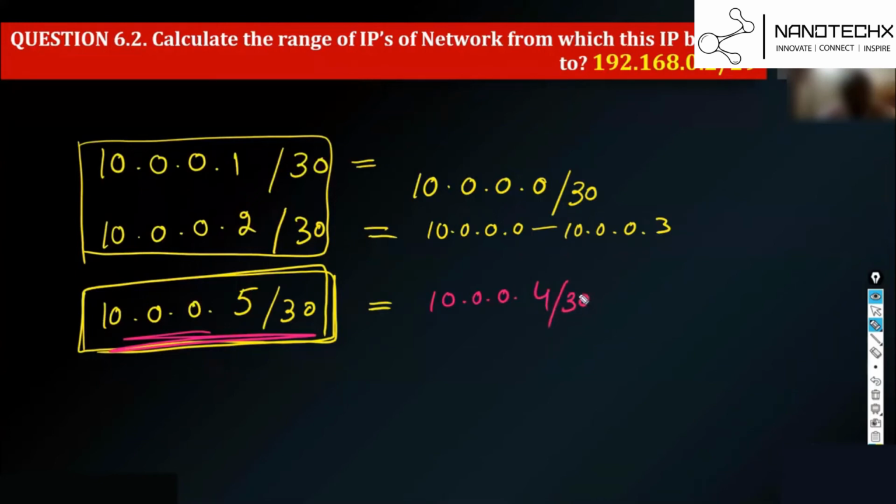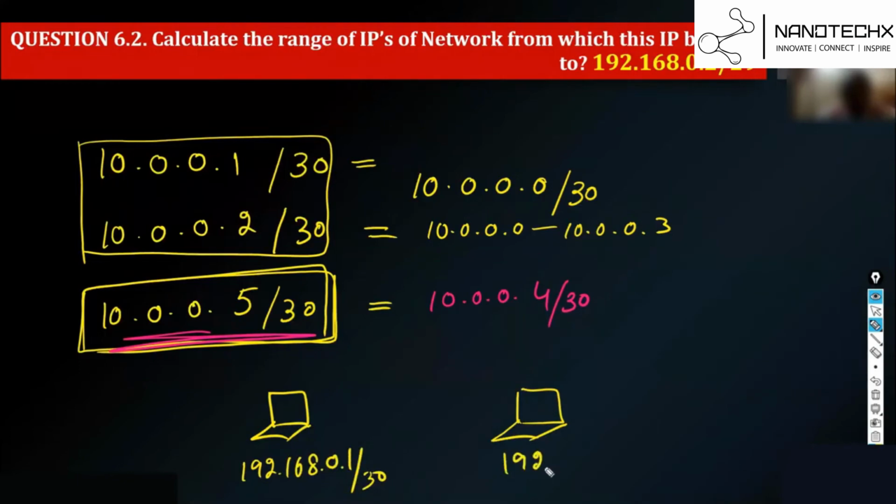Now let's go to practical. If you have a laptop and you have another laptop, and you assign them IP addresses 192.168.0.1/30 and 192.168.0.2/30, it means you can connect them together using a simple switch.